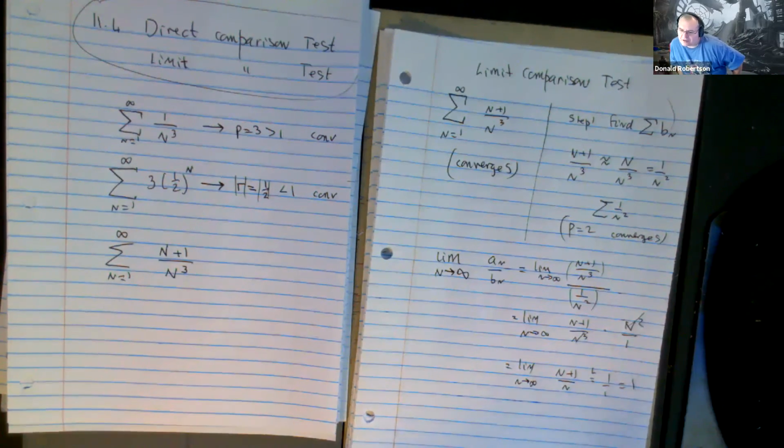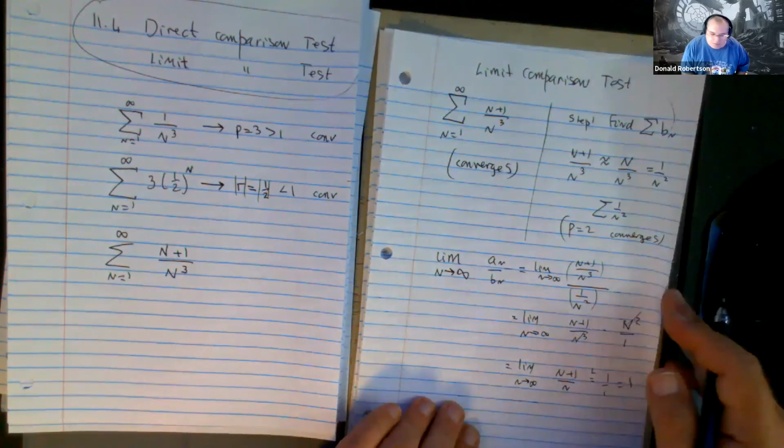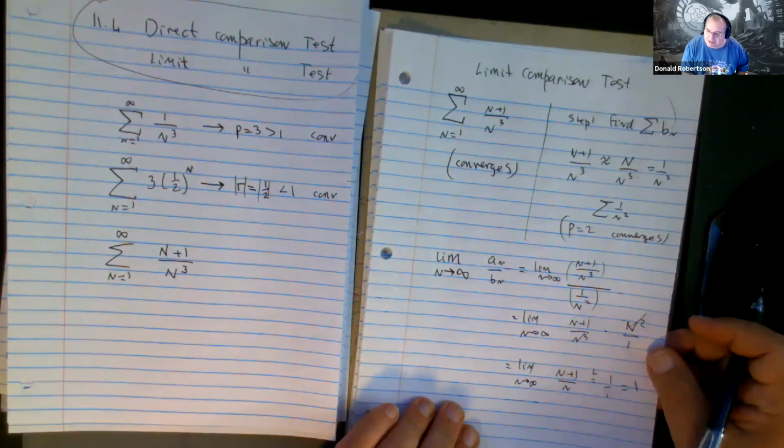Does the logic of that make sense? That if your series behaves like another guy and the other guy converges, so should your guy. Yes, maybe.